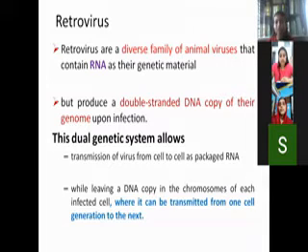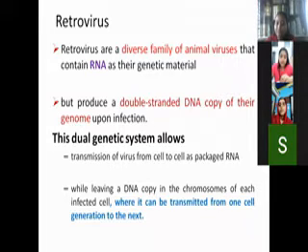So retrovirus is a diverse family of RNA viruses. They contain RNA as the genetic material, and upon infection, they produce a double-stranded DNA copy of their genome in the host cell. This dual genetic system allows the transmission of virus from one cell to another as packaged RNA.